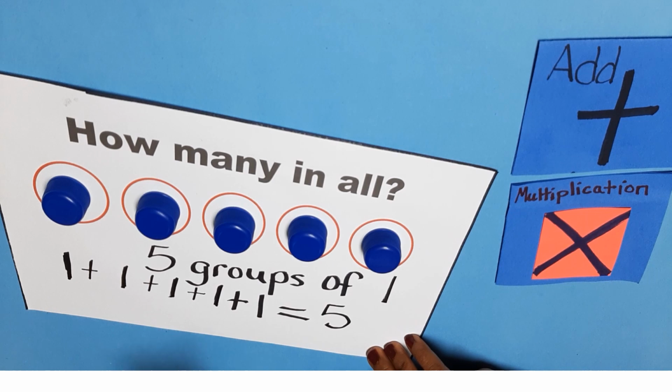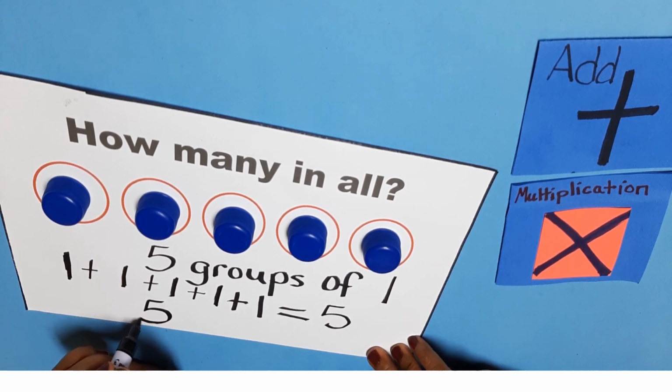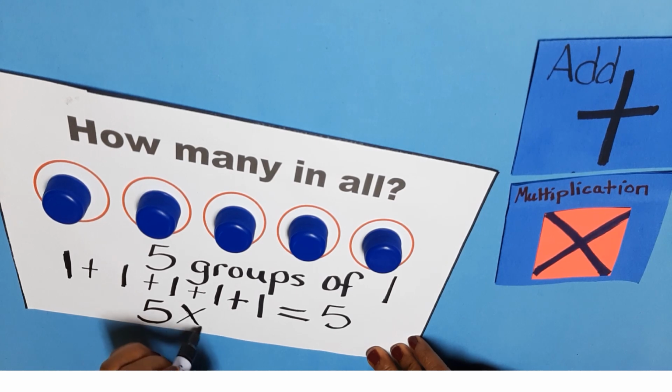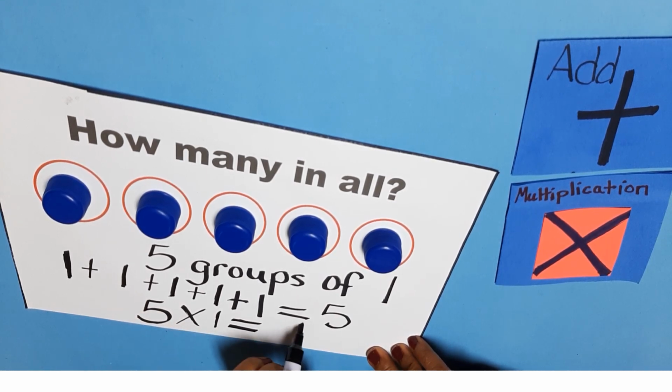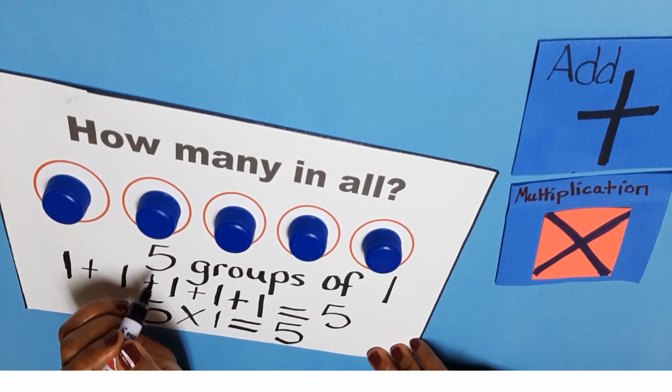That's repeated addition. Then we can make it a short way by multiplying: 5 times 1 will be equals to 5.